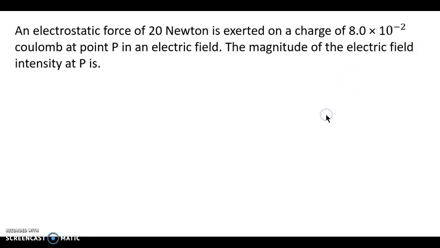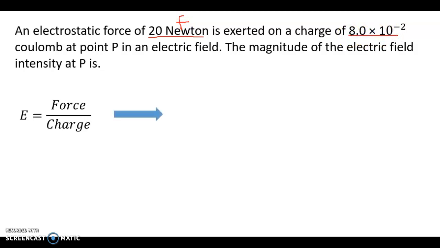So here you have to know electric field E, it stands for electric field, equals force over charge. You know force is 20 newtons. Charge is 8 times 10 to the negative 2 coulomb.